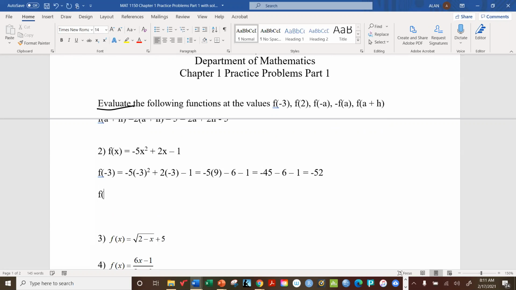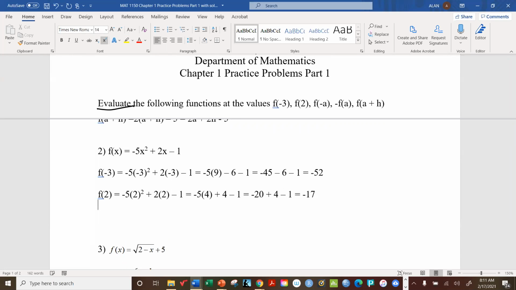Okay, and then f of 2 would be minus 5 times 2 squared plus 2 times 2 minus 1 equals minus 5 times 4 plus 4 minus 1, which is minus 20 plus 4 minus 1, which is minus 17.